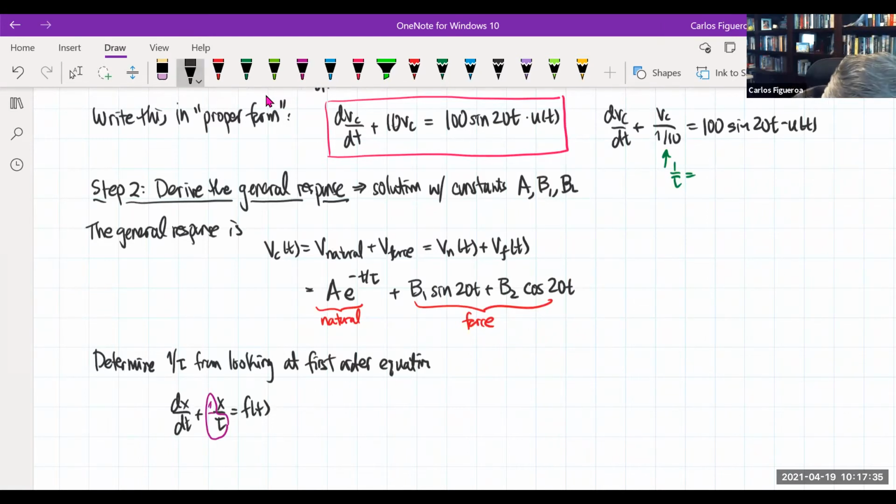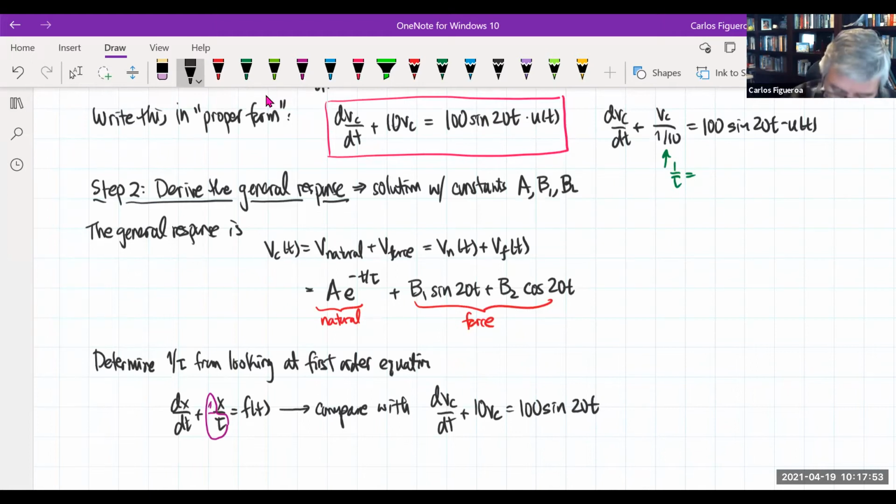So what I do here is compare with dv/dt plus 10 vC, and you can see that 1 over tau has to be 10.